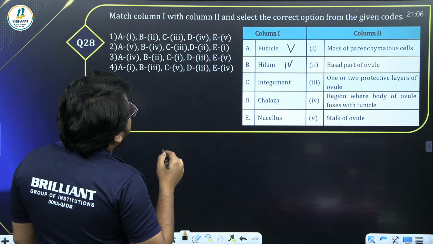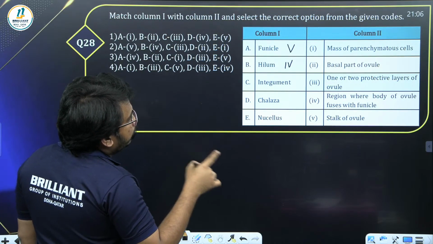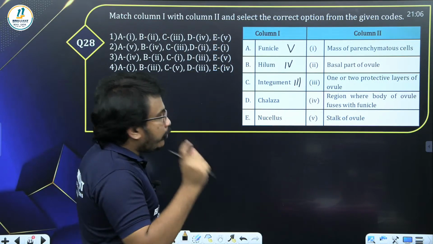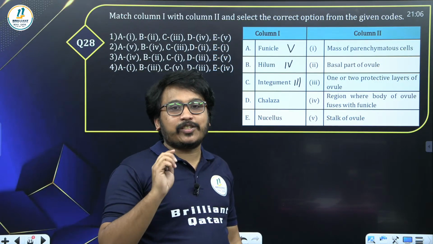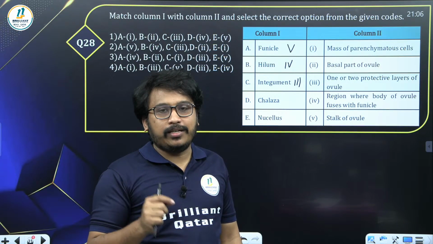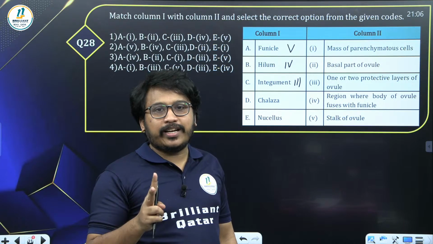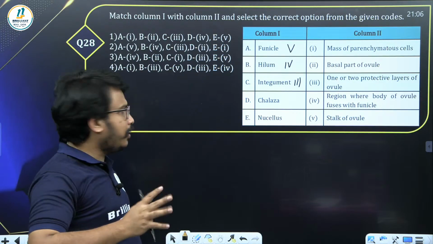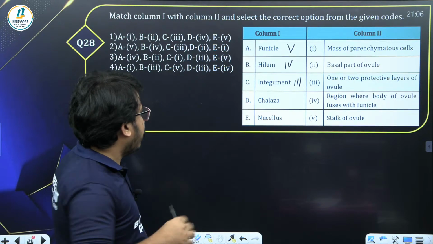Then integument. Integument, one or two protective layers of ovule, is called as integument. If only one integument is present, it is called unitegmic. Example, gymnosperm. If two integuments are present, it is called bitegmic. Example, angiosperm. A typical ovule is bitegmic.